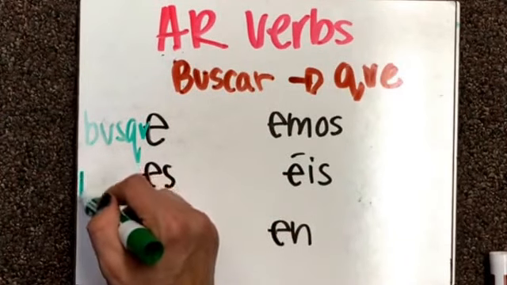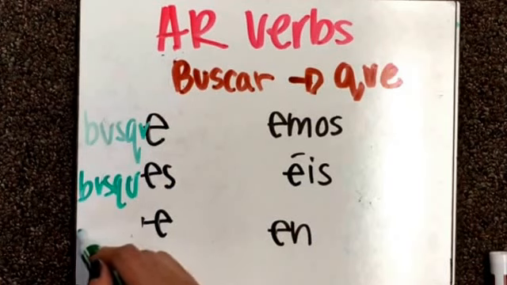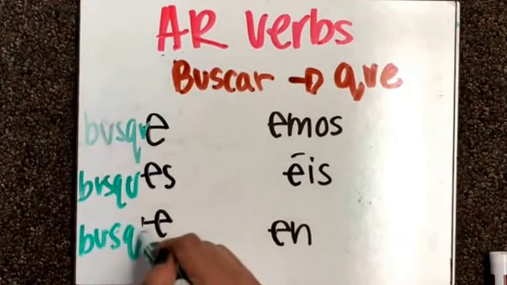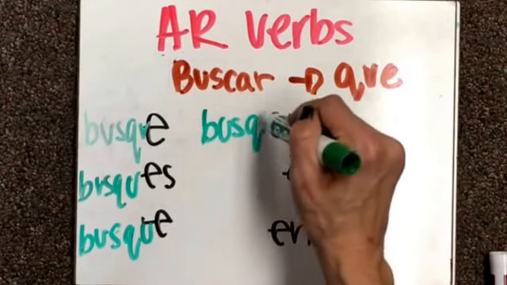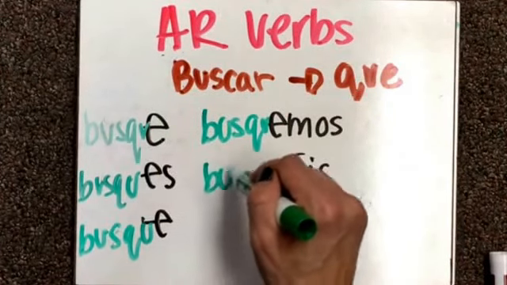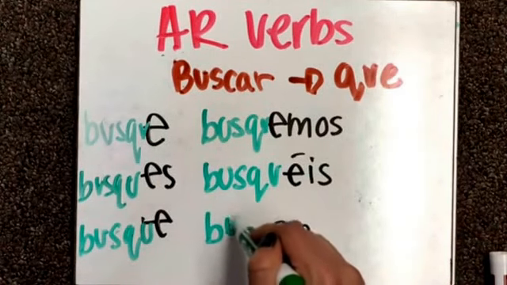The tú form would be busques. Ella, usted, busque. Nosotros, busquemos. Vosotros, busquéis. And ellos, ellas, ustedes, busquen.